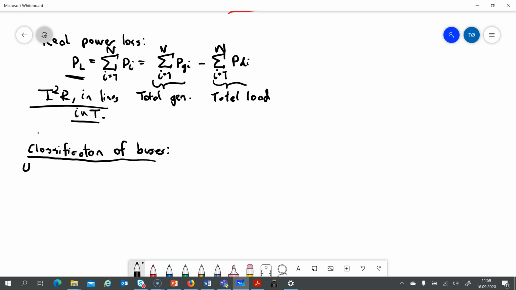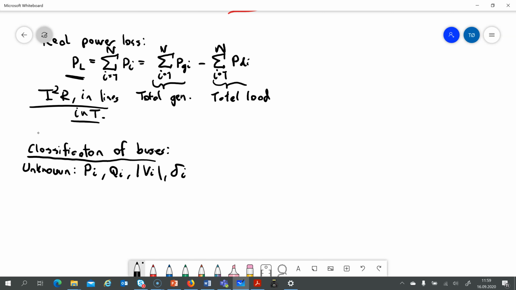When you solve the power flow, there are 4 unknowns that you typically say: P_i, Q_i, V_i, the length of the vector, and the voltage angle.